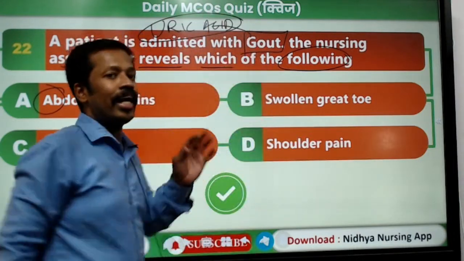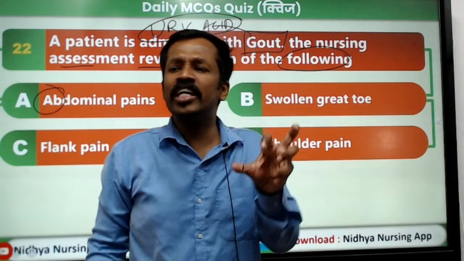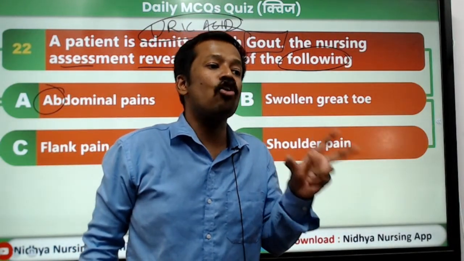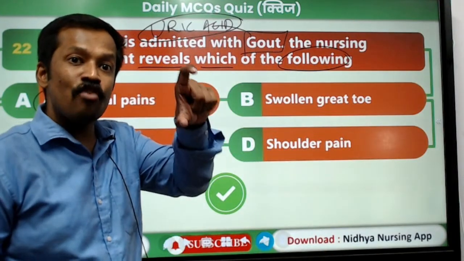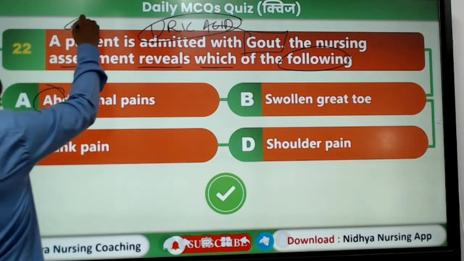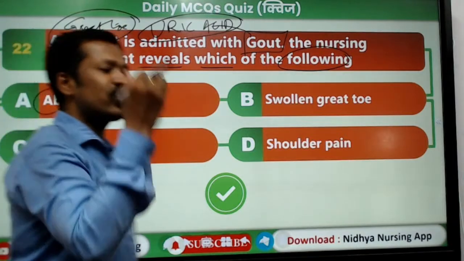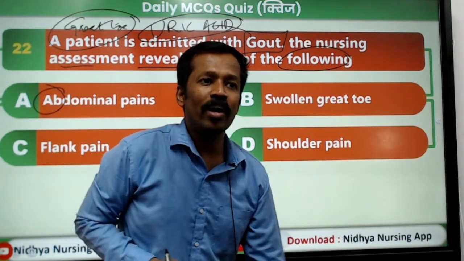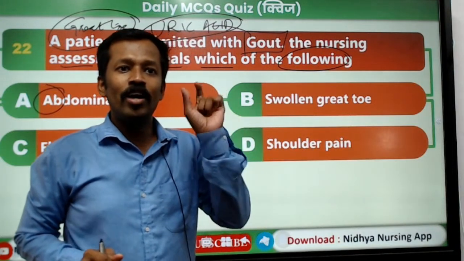Most commonly, it will deposit in extremities and toes. Most common site of accumulation of uric acid is the great toe. There will be a node like structure. What is that called?